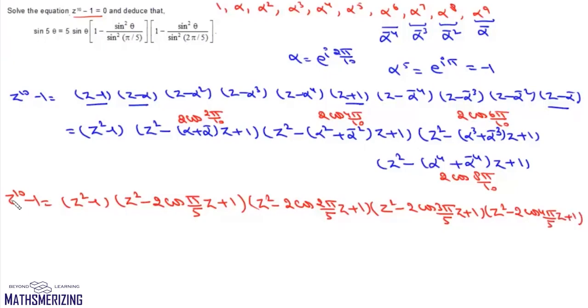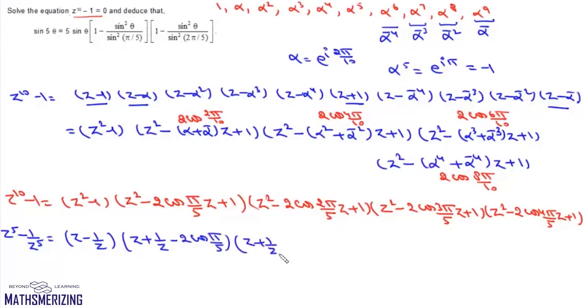Now what we'll do is we'll divide left hand side and right hand side with z to the power 5. So we can write (z to the power 5 minus 1 upon z to the power 5) will be equal to (z minus 1 upon z). We can write this as (z plus 1 upon z minus 2 cos pi by 5)(z plus 1 upon z minus 2 cos 2 pi by 5).